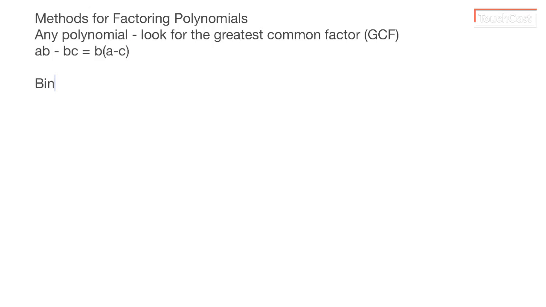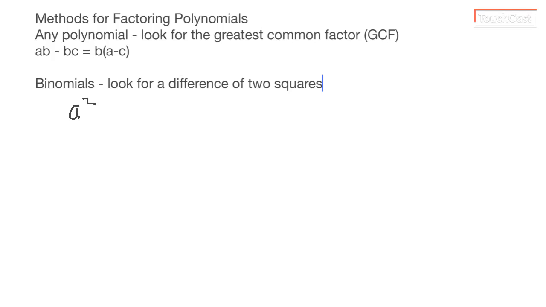Then if we have binomials, we are going to look for a difference of two squares. What that means is if we see something and we're able to write it as a squared minus b squared, then it can factor as a plus b times a minus b.